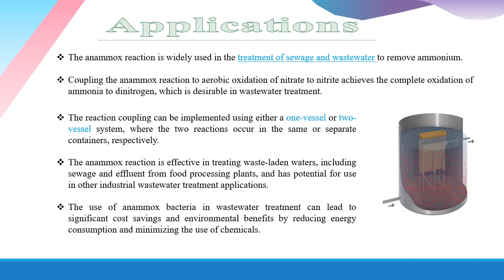Now, if we see the actual applications of Anammox bacteria, the Anammox process is an important process in the nitrogen cycle. But in agriculture, it has less importance, because if we apply nitrate fertilizer or ammonium fertilizer, it may evaporate in the form of nitrogen gas, and that would not be favorable to us.